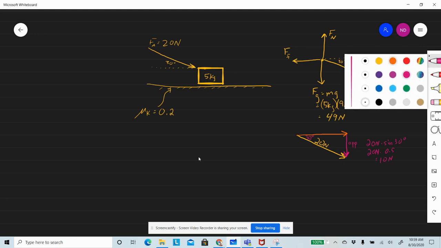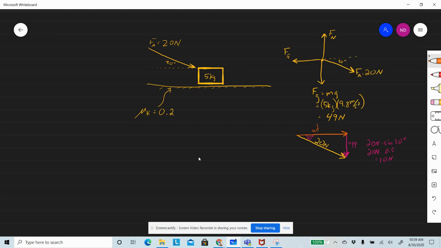And the horizontal piece is the adjacent side. So that's going to be 20 newtons times the cosine of 30 degrees, which is 0.866. 20 times that gives you 17.3 newtons.